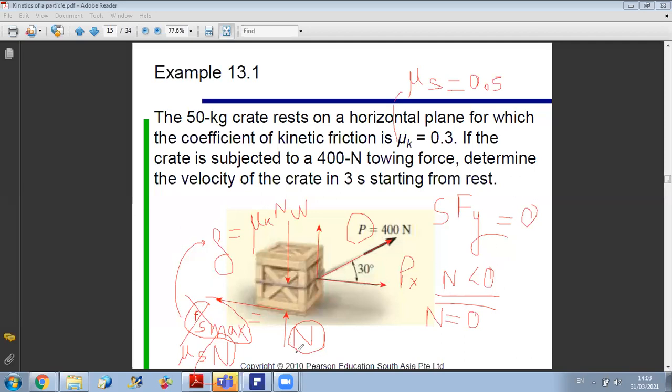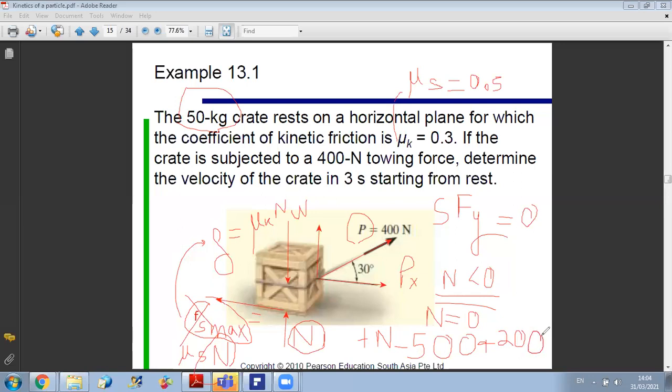Okay, so to calculate N here, I do plus N minus the weight. So here my weight is 500, if we take g equal to 10. So N minus 500 plus 400 sine 30, okay? 400 sine 30 is 200, equals 0.